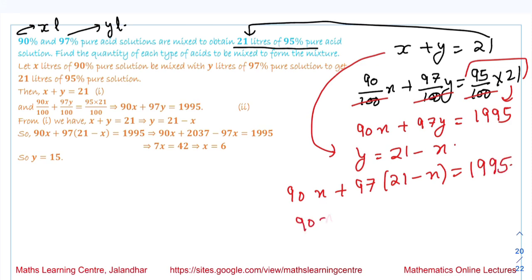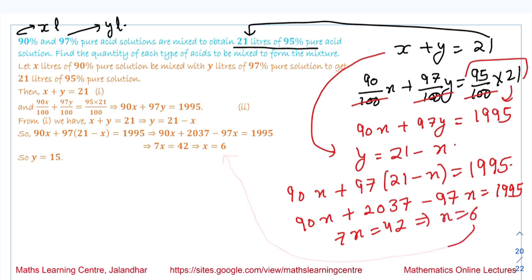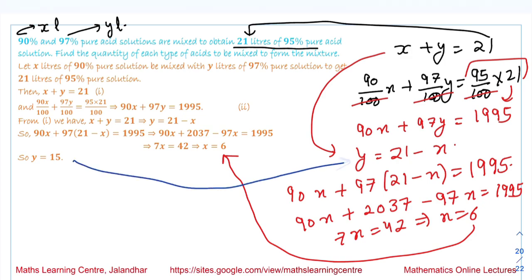So we get 90x plus 2037 minus 97x is 1995. So we get 7x is equal to 42. This implies x is equal to 6. If x is equal to 6, then the value of y is 15.